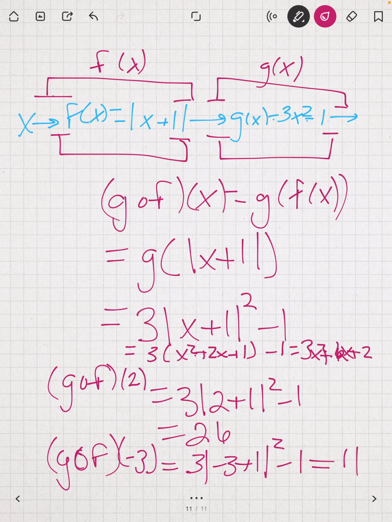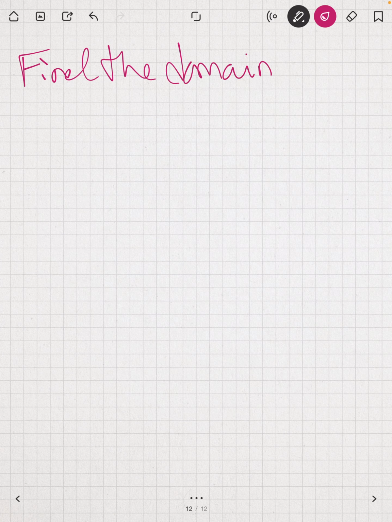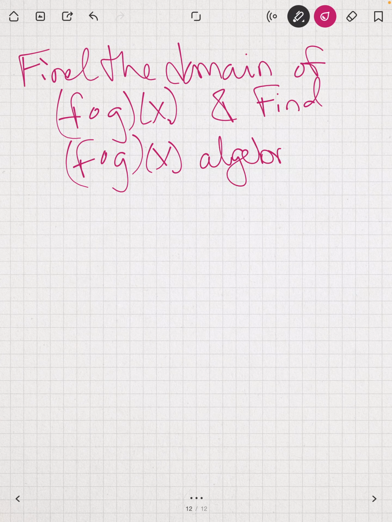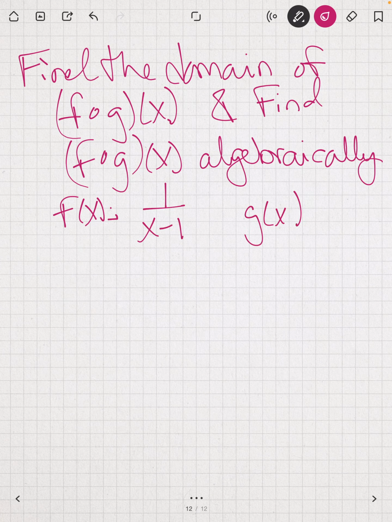I'm going to do one more find the domain example. Find the domain of f compose g of x and find f compose g of x algebraically. Well, f of x is 1 over x minus 1. g of x is 1 over x.